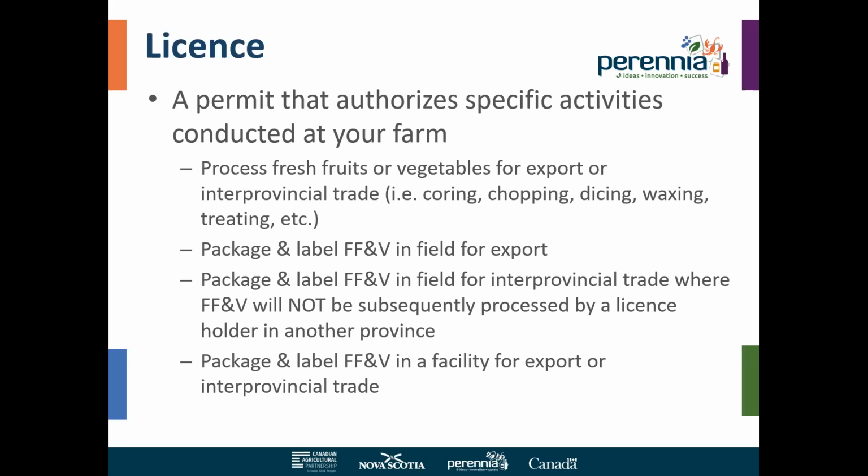Package and label fresh fruit and vegetables in the field for interprovincial trade, where those fresh fruit and vegetables will not be subsequently processed by a license holder in another province. If you package and label fresh fruit and vegetables in a facility for export or interprovincial trade, you will require a license.